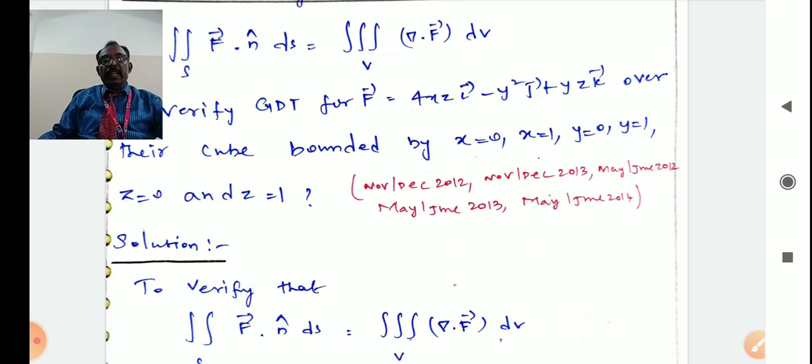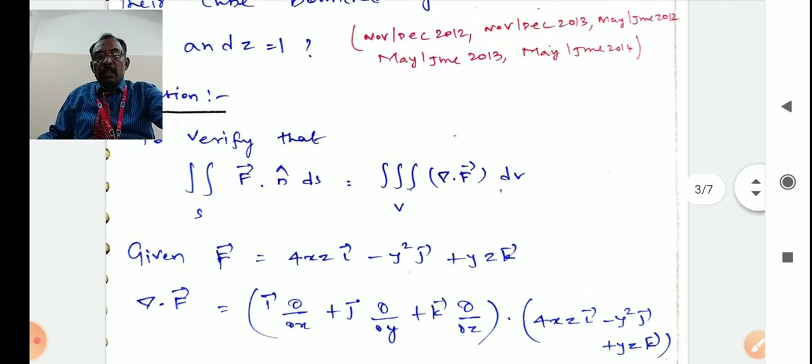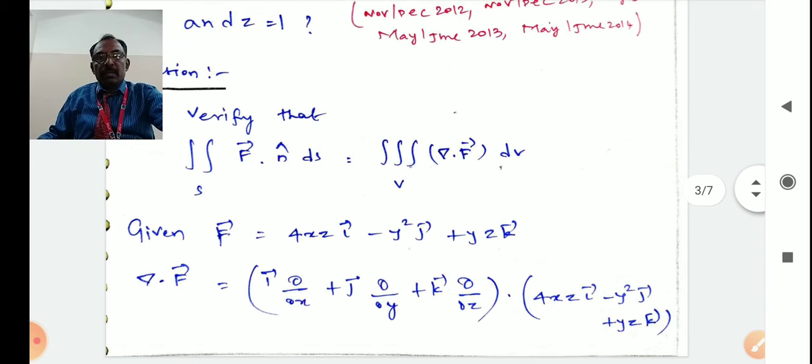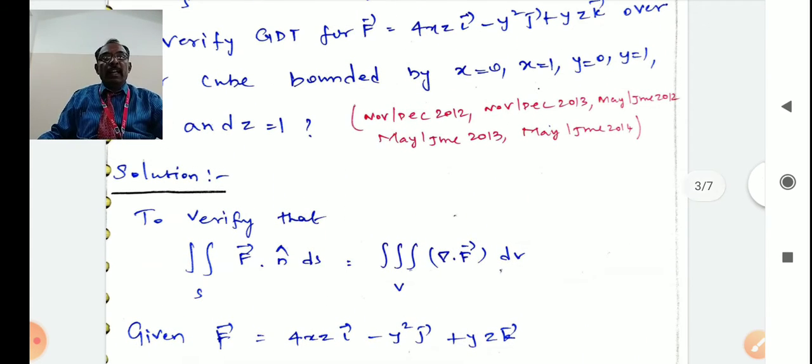So we have 6 planes. The 6 planes form the cube. This is a very important Anna University question. The first line of the solution, to verify that, you take the Gauss divergence formula.